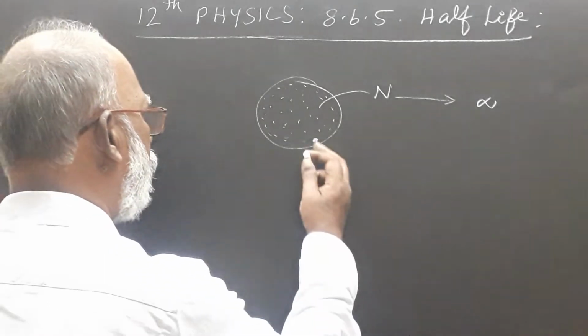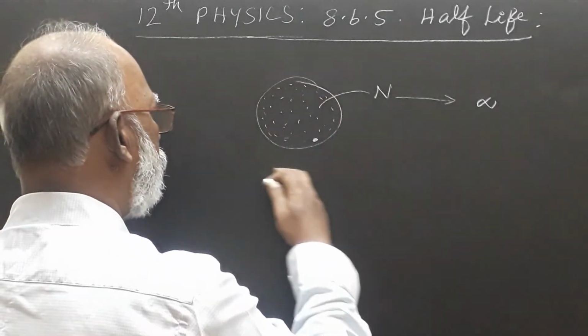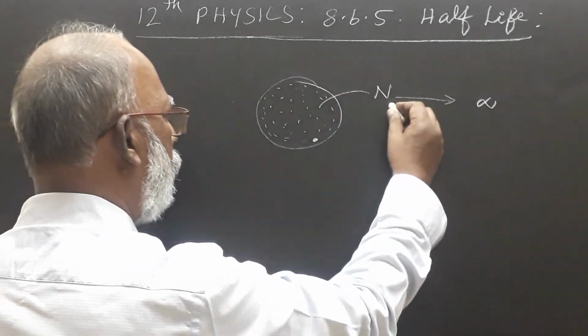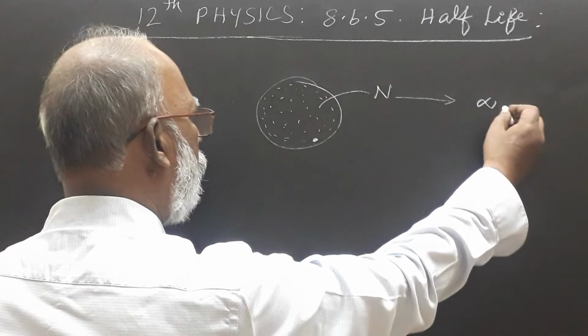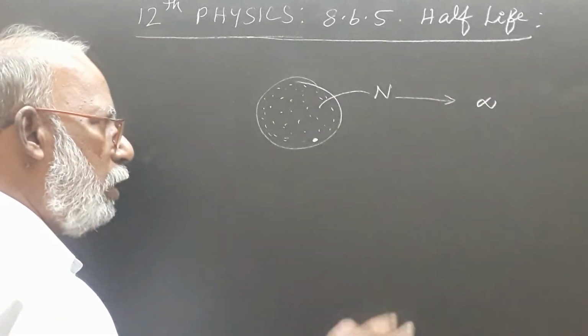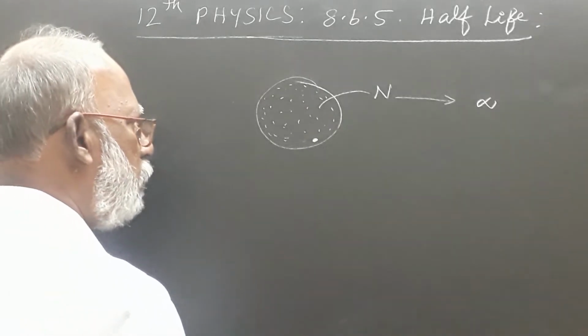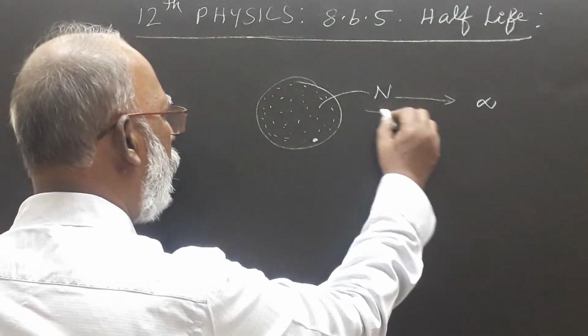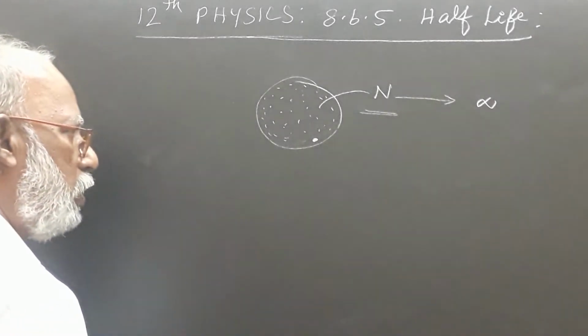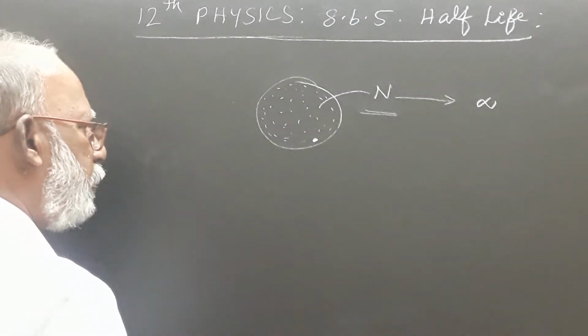But when we are talking about the whole sample given by N, it may take until infinite years. It keeps going on and on, so it is very difficult to find the total decay time.